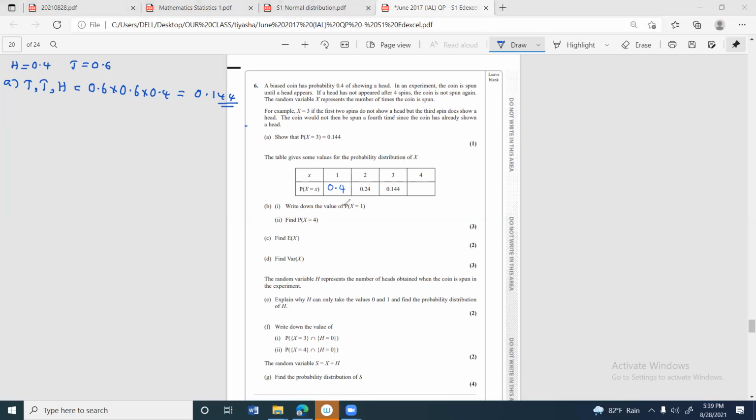X equals 4 means for the first 3 times you didn't get a head, and only the fourth time you get a head. So you can write this as tail, tail, tail, head.